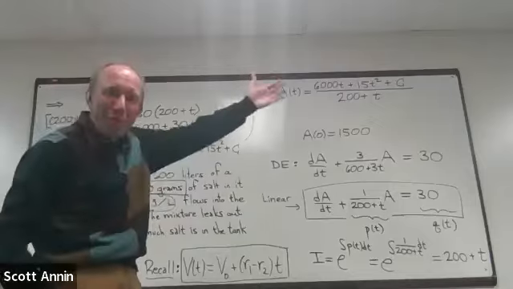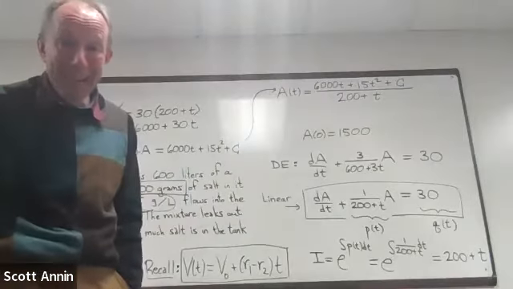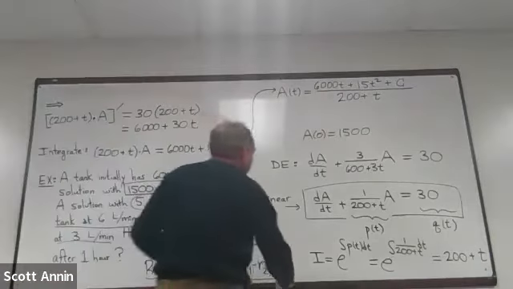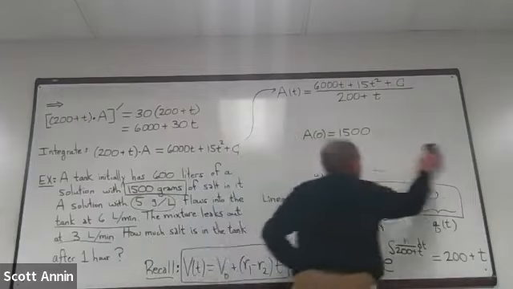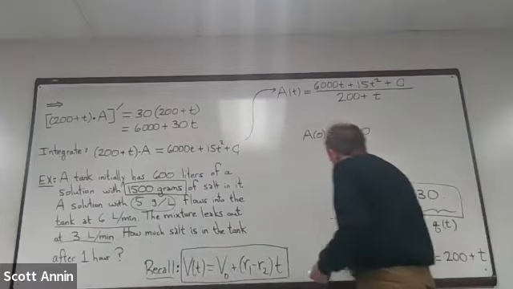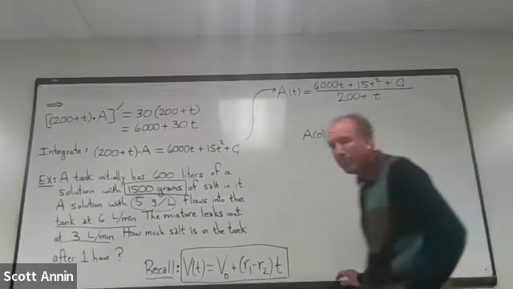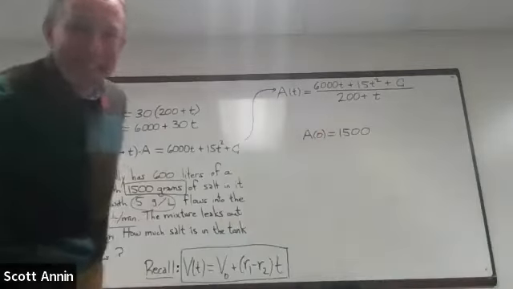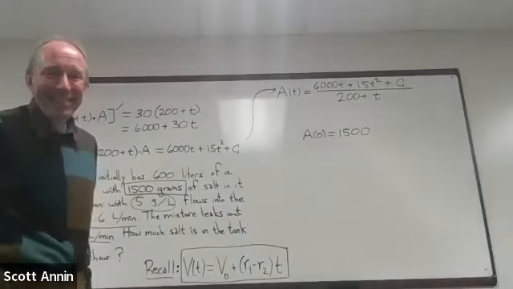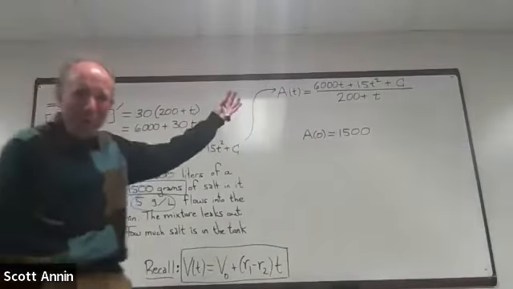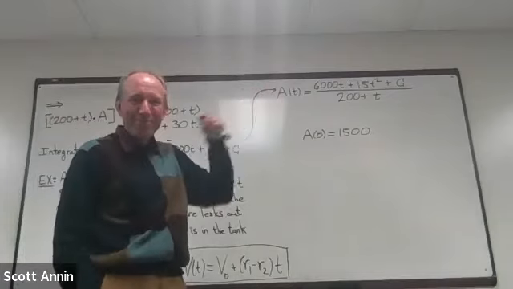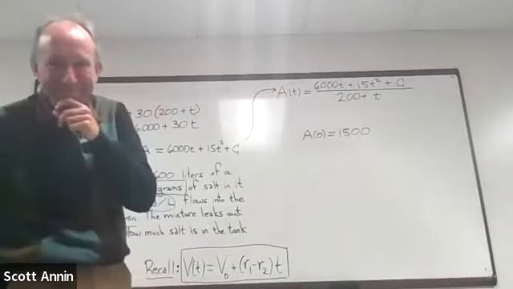This is the amount of chemical at any time t. Take a breath. Feel free to slow down if you're taking notes and want to make sure you're following along here. That's perfectly a good thing to do. This is what we would call the general solution for A of t.